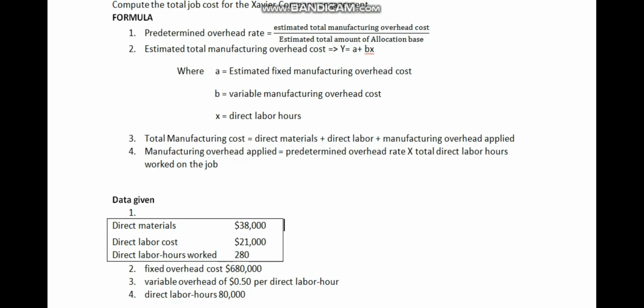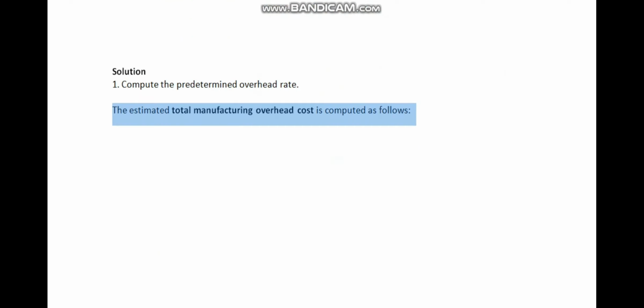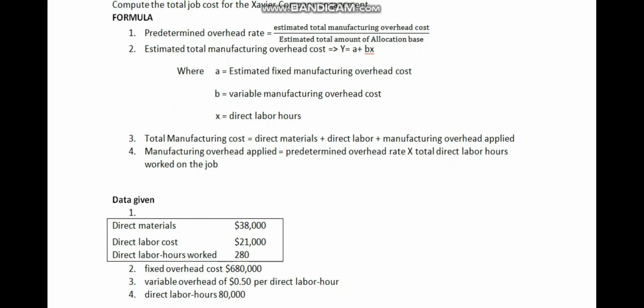The first requirement is to calculate the predetermined overhead rate. To calculate this, the first thing we need to do is to calculate the estimated total manufacturing overhead cost. Let's solve this. Let me list the formula y equals a plus bx, where our a is estimated fixed manufacturing overhead cost, that is $680,000.